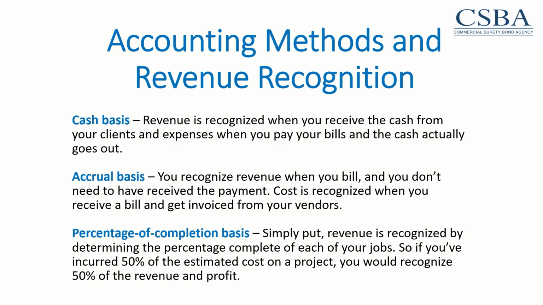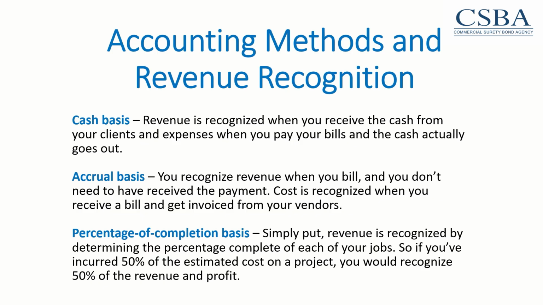It's more about when you bill or get billed. So when you bill your customers for the work that you're doing, that's when you'll recognize the revenue. When you get billed from your subcontractors or your vendors, that's when you would recognize the cost. As you can imagine, there's all sorts of timing issues that can happen either under cash or accrual basis accounting.